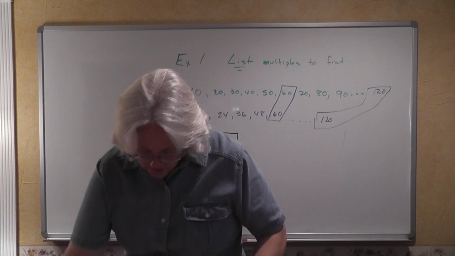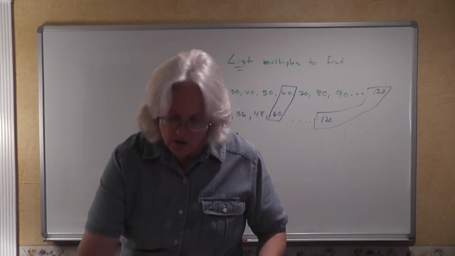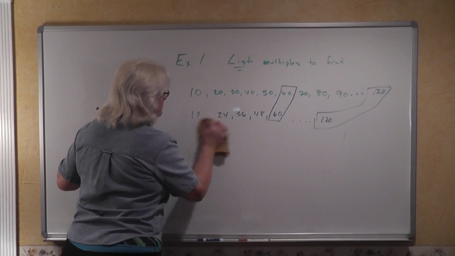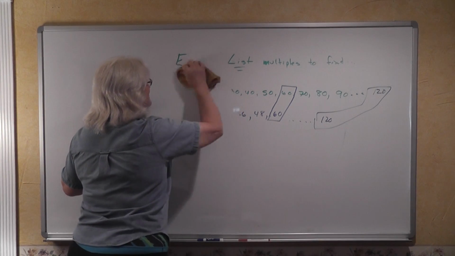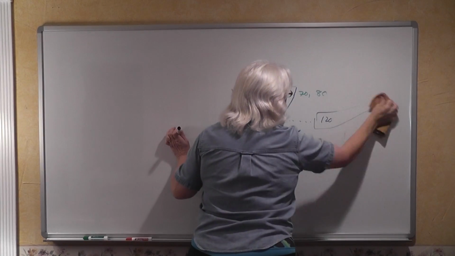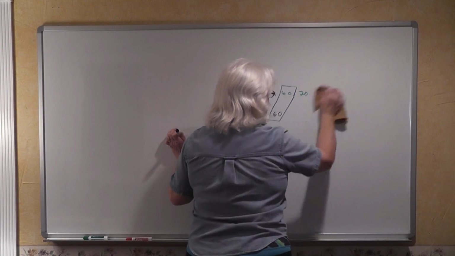Okay, example 2 is going to have us find the least common multiple of numbers by using a different methodology. And this is where we're going to use prime factorization.